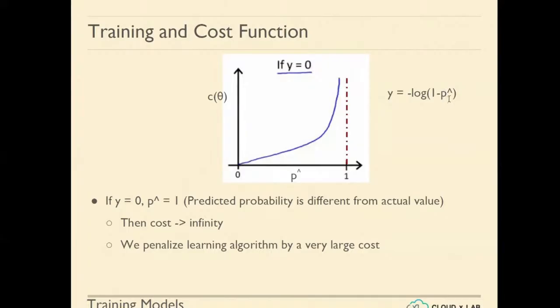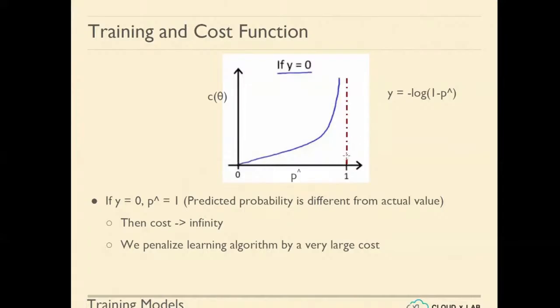So if p hat is a very small value, 1 minus p hat will be a very high value, and we know log 1 is 0, so in the output you will get a very small number. So whenever the input is a negative class and the model is also saying negative class, we will get a very low number as the cost function.